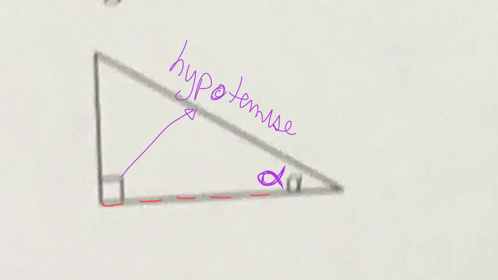The reference angle here is made up of your adjacent side and your hypotenuse. Your angle is formed by the adjacent side and the hypotenuse. So if this is your reference angle, alpha, it's made up of the hypotenuse, which is obvious, hopefully, and the adjacent side.